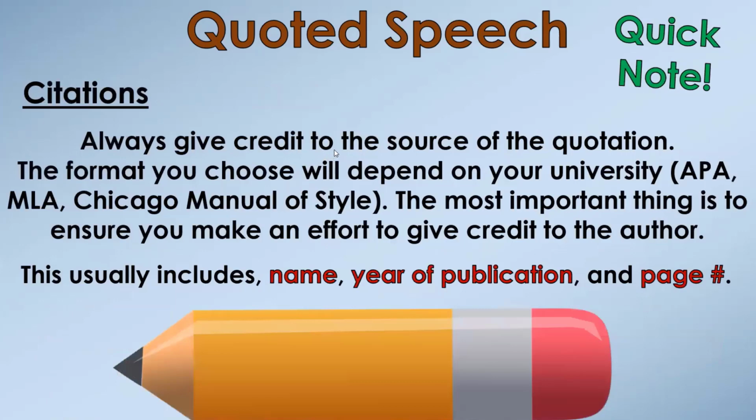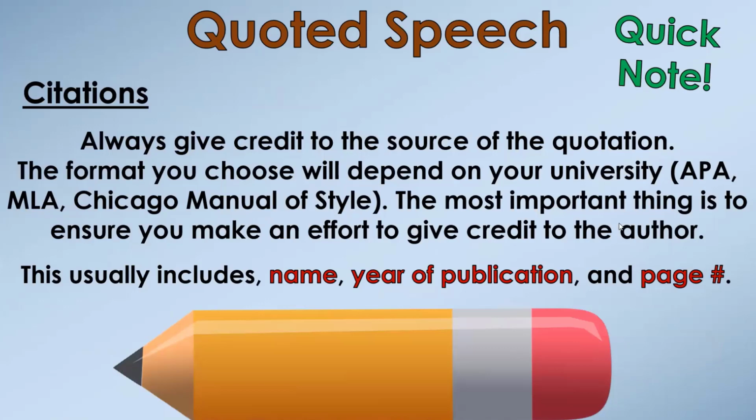It's really important to always give credit to whomever you're quoting. Some universities or schools require APA, some require MLA, some use the Chicago Manual of Style. The most important thing is ensure that you make an effort to give credit to the author.